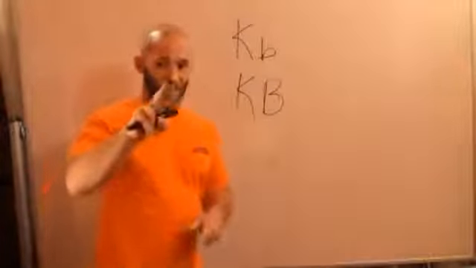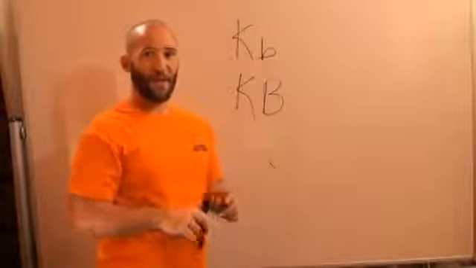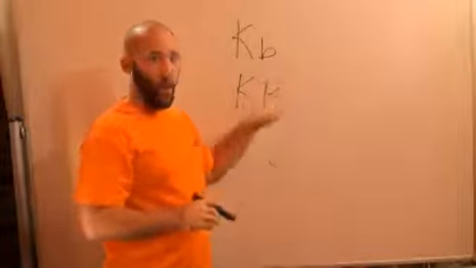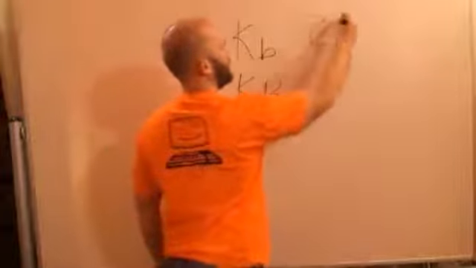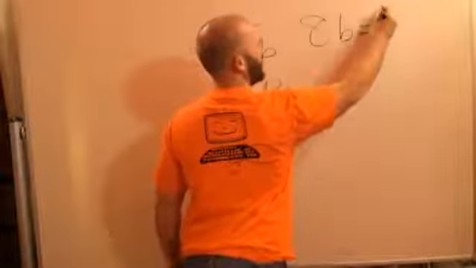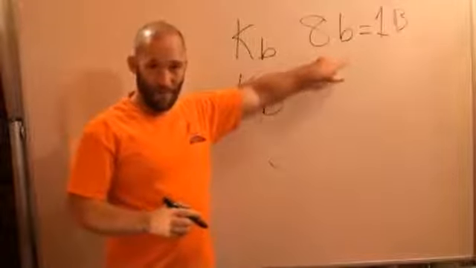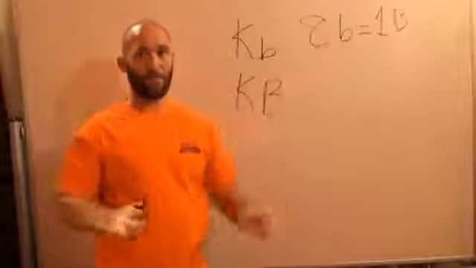What's important is those two words sound very similar. But it takes 8 bits to equal 1 byte. So 8 little b equals 1 big B. So 8 little bits equals 1 big byte.